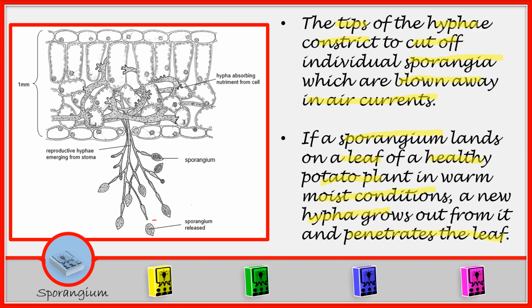So when this sporangium drops off and lands on another healthy leaf, it will start to grow, and now it will start penetrating through the leaf, producing the different hyphae.